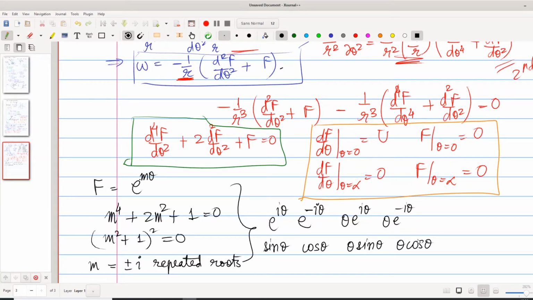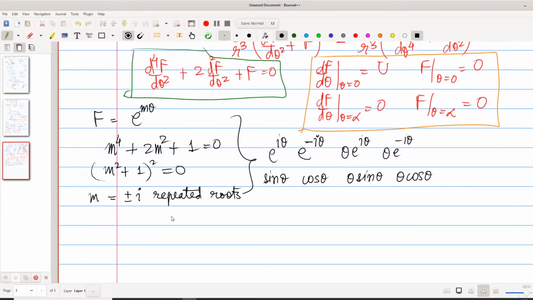This is from elementary differential equations. You should be knowing this. And thus the solution can be written in the form f is equal to A sine theta plus B cos theta plus C theta sine theta plus D theta cos theta.